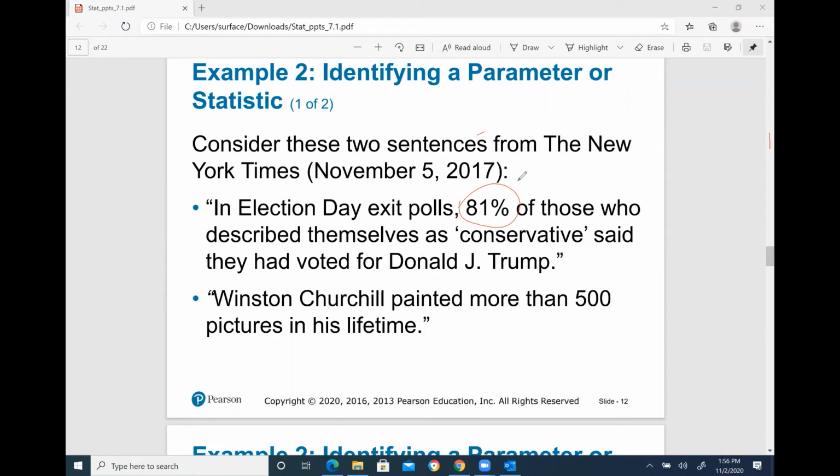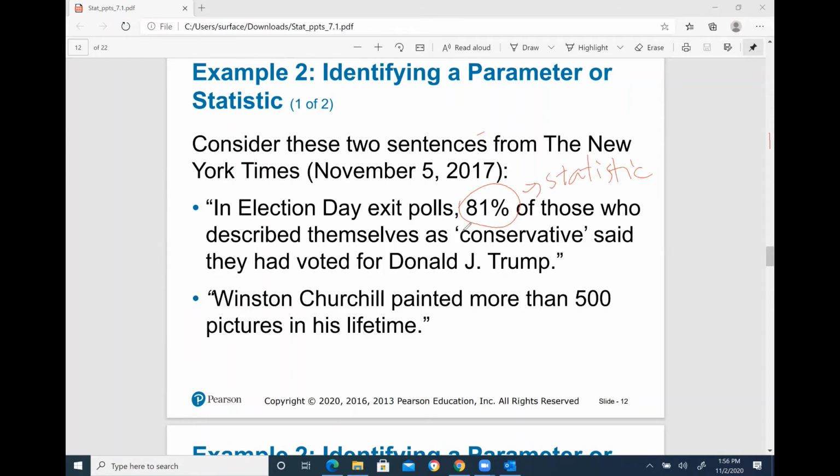So this will be called a statistic. And the reason is it is knowable, and it's talking about a group of people who voted for Donald Trump.